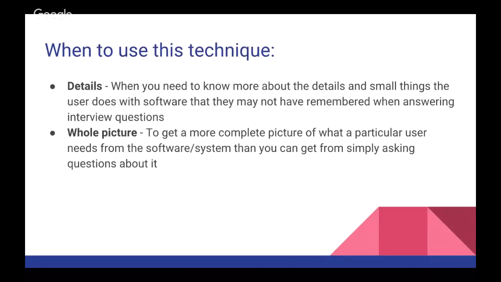Looking at the upsides and downsides, we can think about a couple of opportunities that would be good to use this technique. For example, about how a system works, more about its intricacies, you can get from an interview or simple observation.